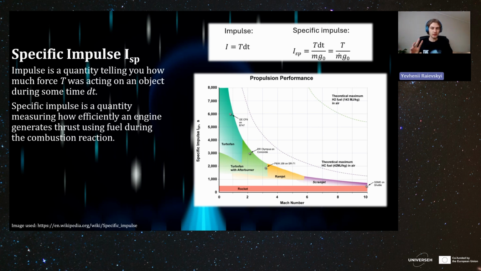Those engines have this trick that the bypass air contributes to the thrust, but does not contribute to the fuel burned. So the specific impulse is very big here. Of course, rocket engines don't have such big specific impulses. They are at the bottom line here because those engines are highly inefficient.